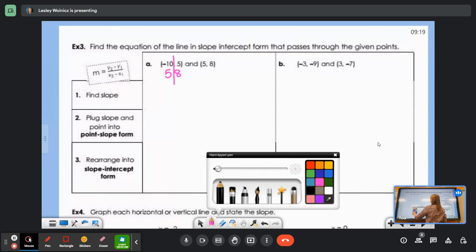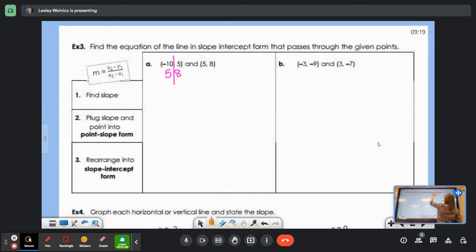Jumping from 5 to 8, what's my rise? 3. Jumping from negative 10 all the way up to 5, what's my run? 15. Can I reduce it? What is it reduced to? Yes, m is 1/5.